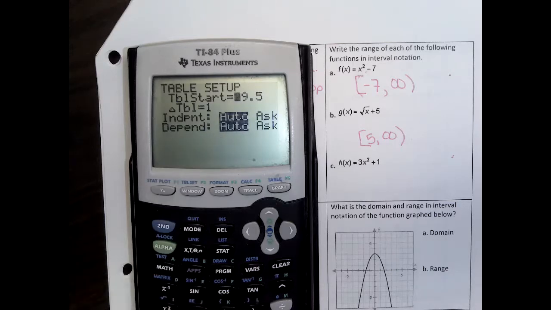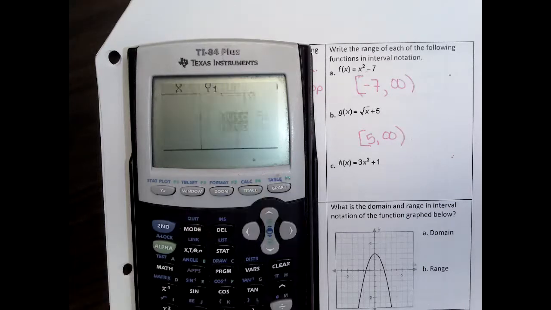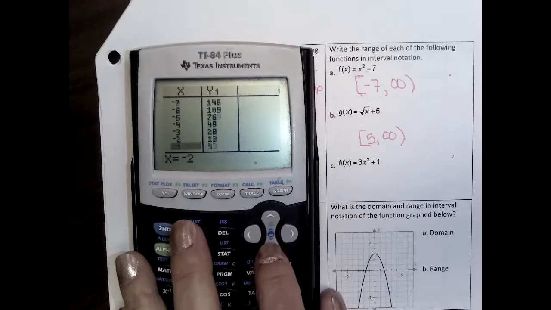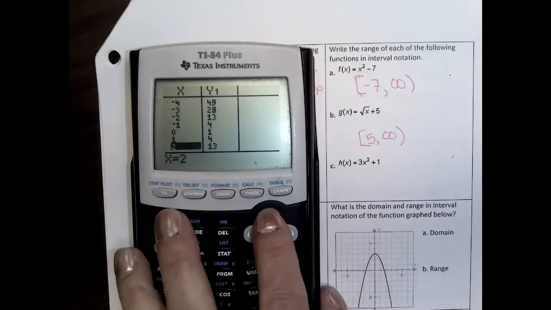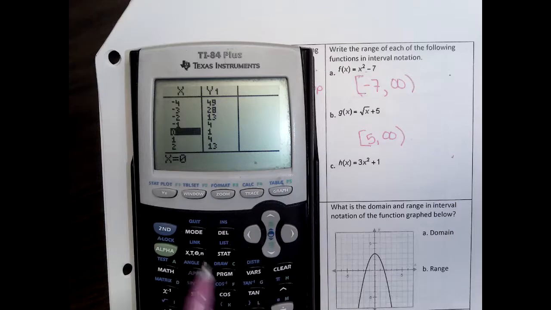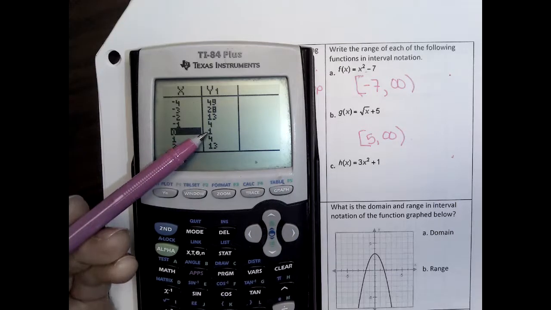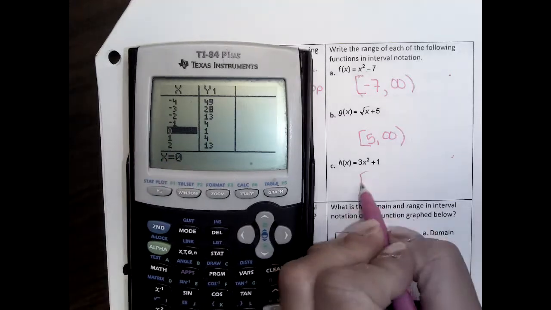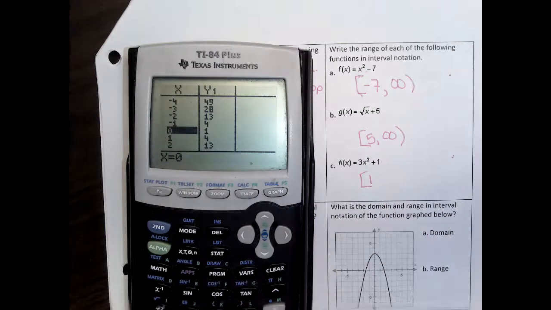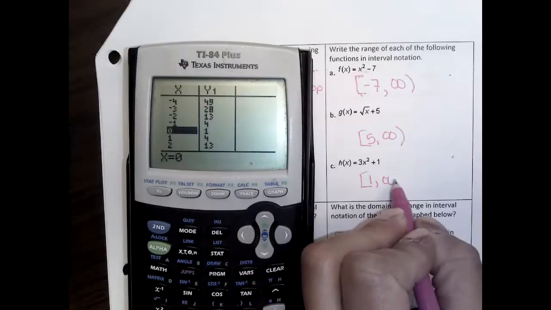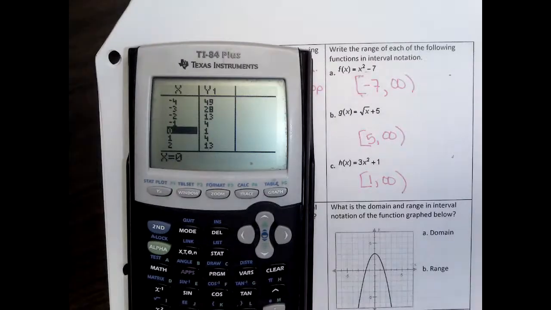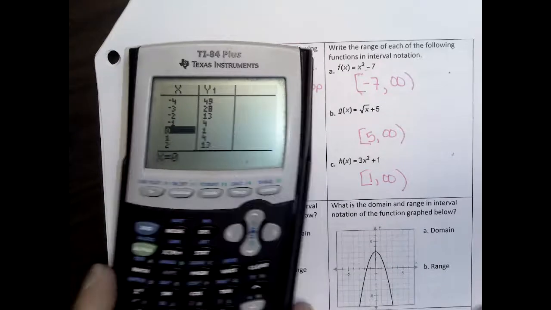I'm going to start my table at -10, and go in increments of 1. All right, now I should be able to get there. So there we go. At y equals 1 was its lowest point, and then you see it started going back up again. So it includes that number 1, and it goes on to infinity. You'll learn that about parabolas: they either go up forever or they go down forever.